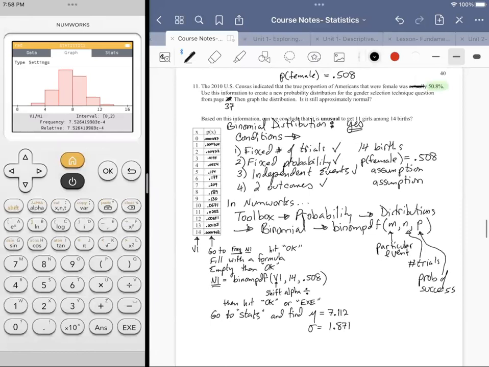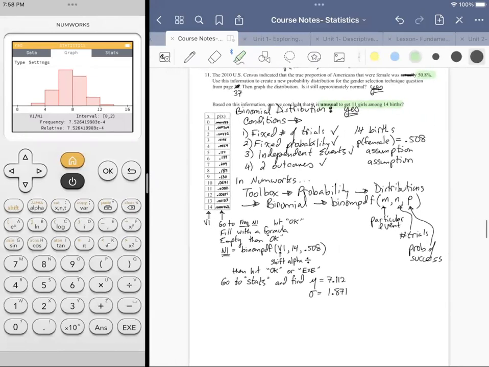So yeah, we could say, is it still approximately normal? We could say yes. All right. But then we want to know, is it unusual? I know it got a little messy here, but ultimately the question is, is it unusual to get 11 girls among 14 births?